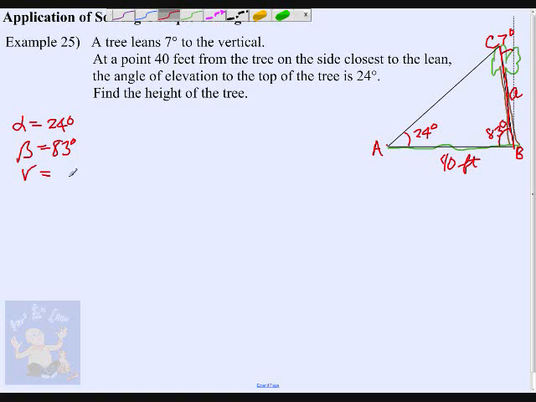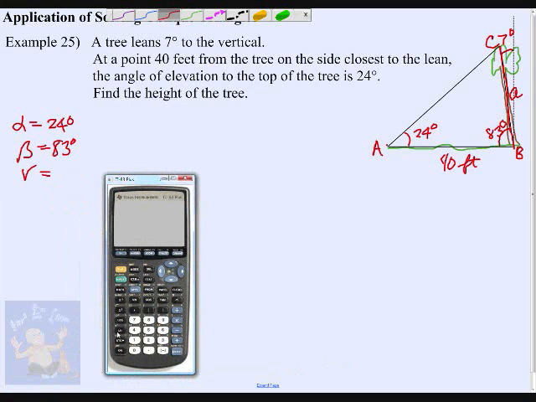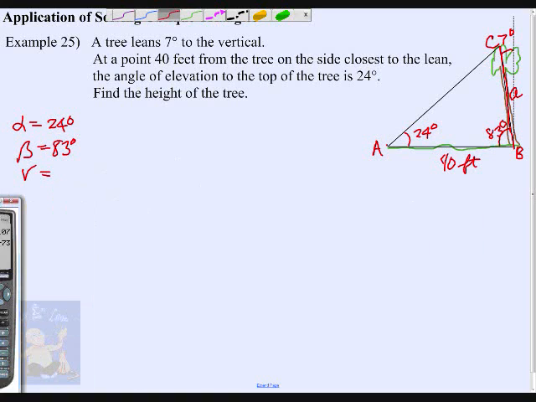What would gamma have to be? If we've got 24 and we add 83, we get 107, we find the difference with 180, so it's 73 degrees. Actually, calculate that pretty easily. If you got 2 of the degrees, you can figure the next one.